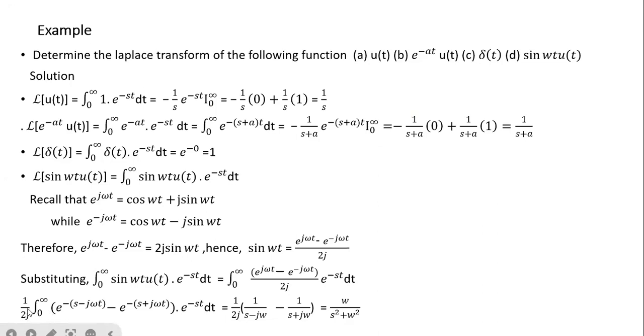Now, in that case, you see we're having 2 functions here, this jω, and one of them is negative. So we are going to expand it with this. So when you expand, we can bring out this outside, and that's why we have 1 over 2j. Then when you bring that in, you're going to be having, okay, so we have an issue here.